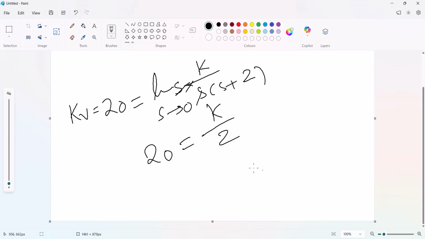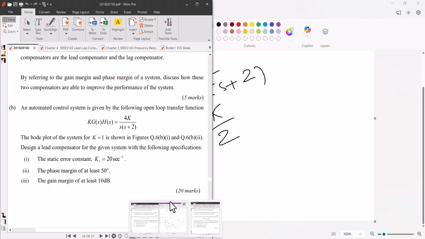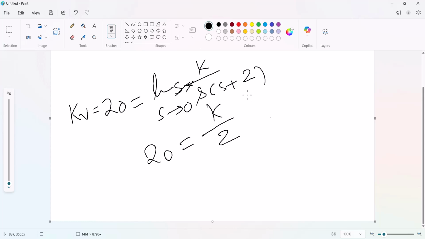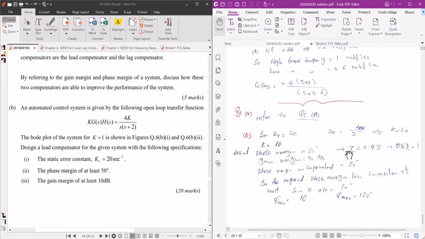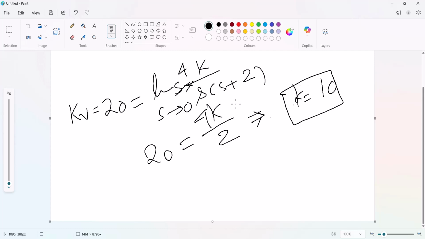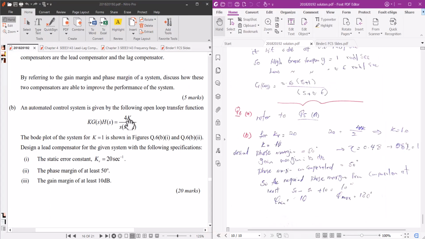Kv is 20, 4k is also there, so basically your Kv will become 10. Yes, k will become 10. So this is your k. This k is 10 basically for this Kv of 20. So k is equal to 10.